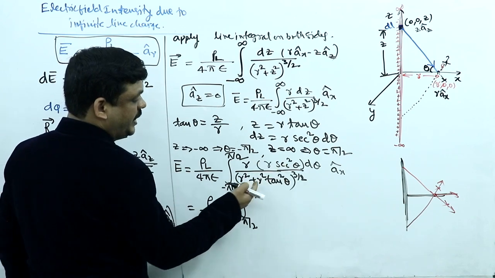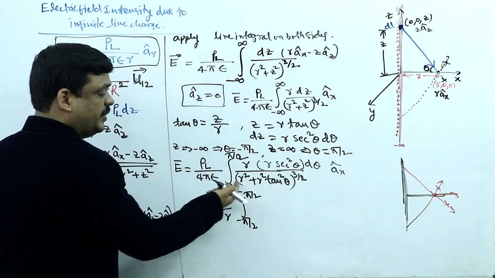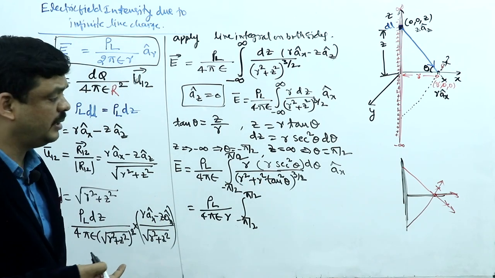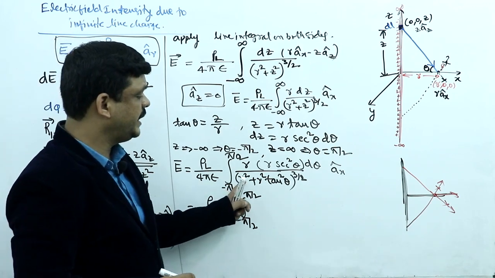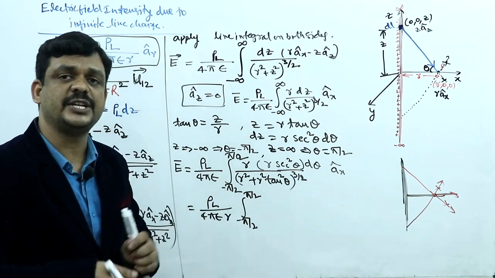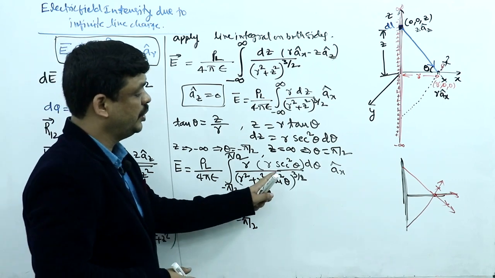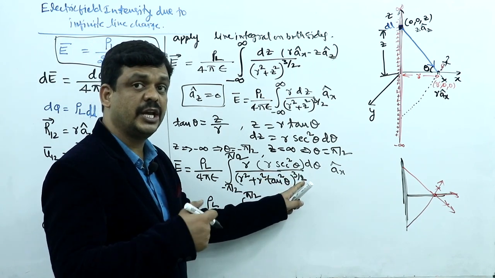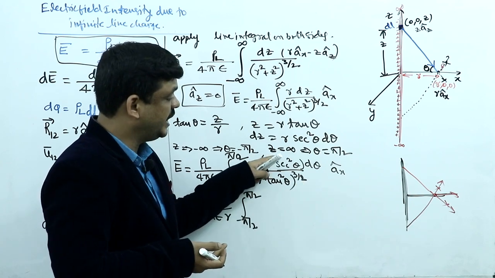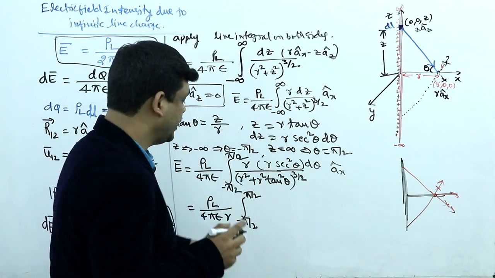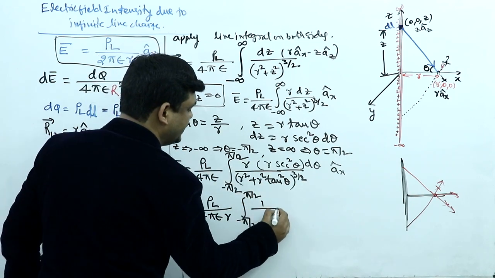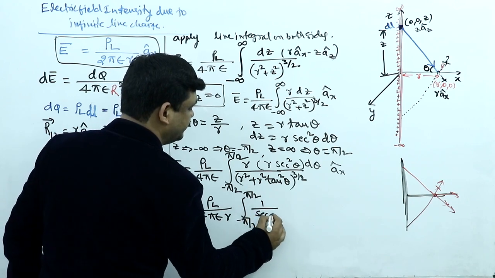Here secant square theta is there, and 1 plus tan square theta is secant square theta. So secant square over secant cubed becomes 1 by secant theta. Just simplify that, then you will get this.